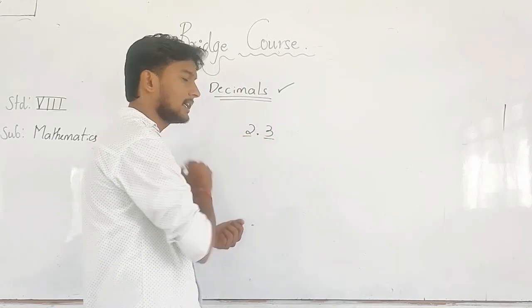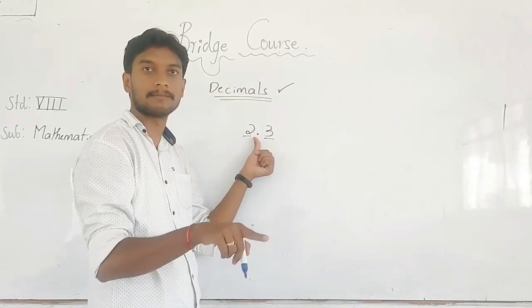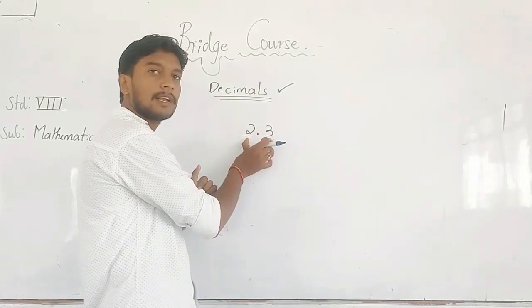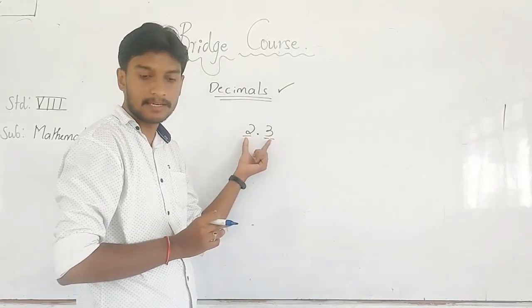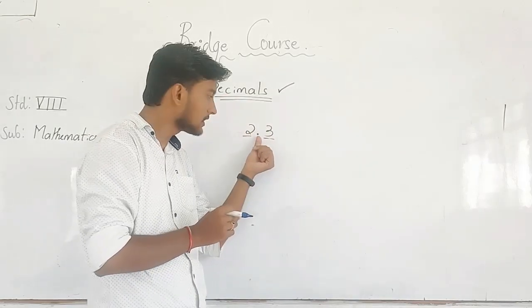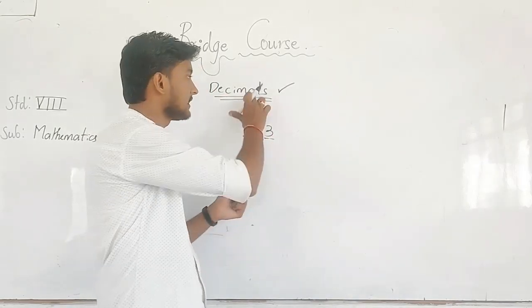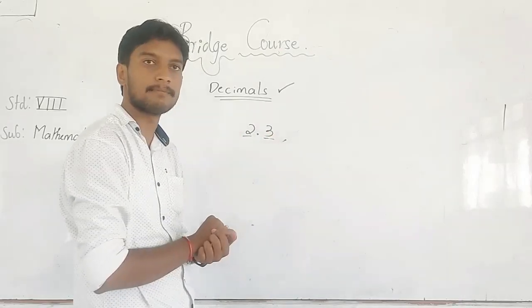This dot is known as the decimal point, and the total number 2.3 is a decimal number. So 2.3 is an example of a decimal.